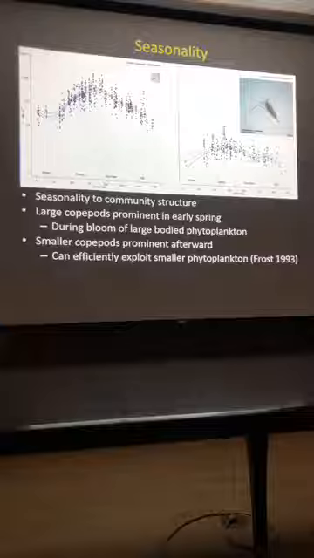I grouped them between small copepods and large copepods, and we'll talk more about why I did that in a little bit. But first, what we saw is that the small copepod peak in abundance is later in the season, later in the spring and into the summer, than the peak in large copepods.